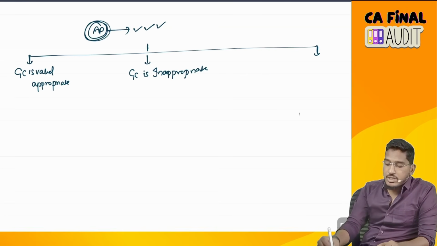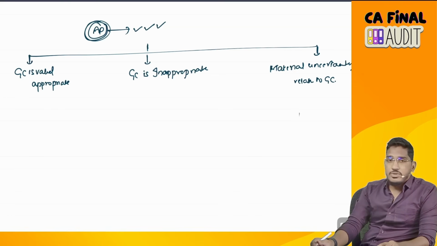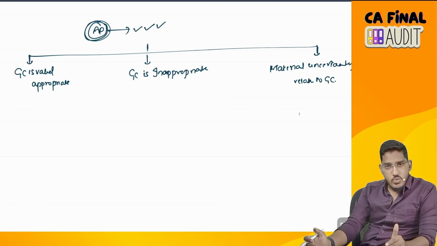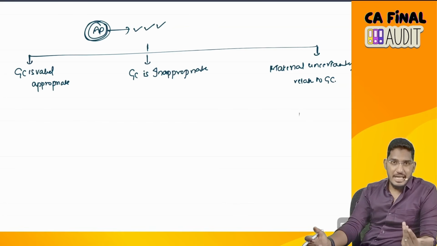Or there could be one more typical scenario. I might come across a situation where I find that there is a material uncertainty relating to going concern. That means depending on the procedures I have performed, whether the entity will continue in the next 1 year or not is uncertain. That means we can't say it with clarity.